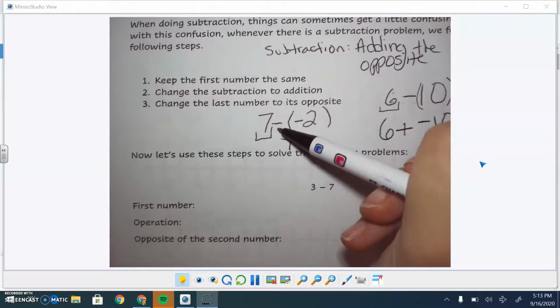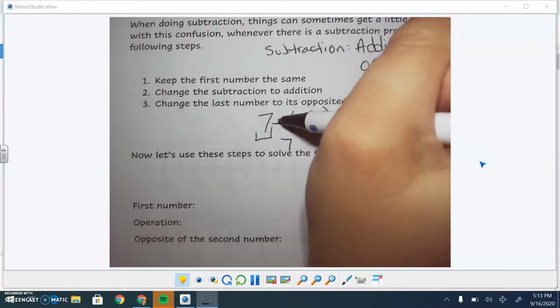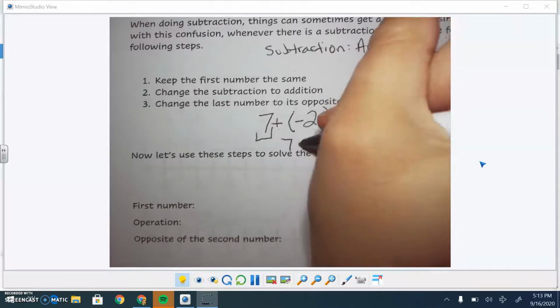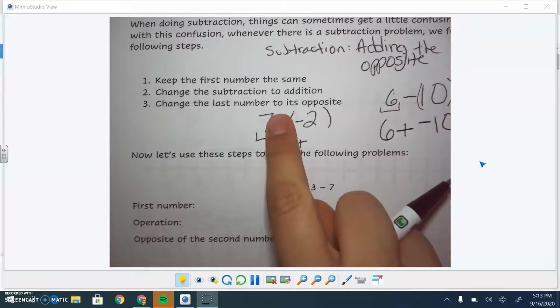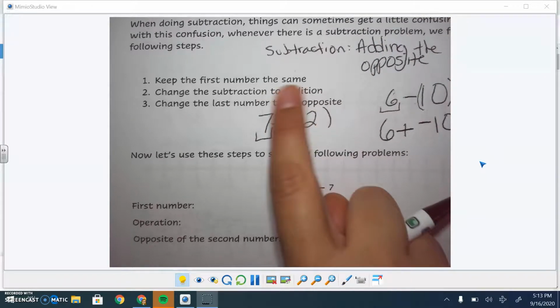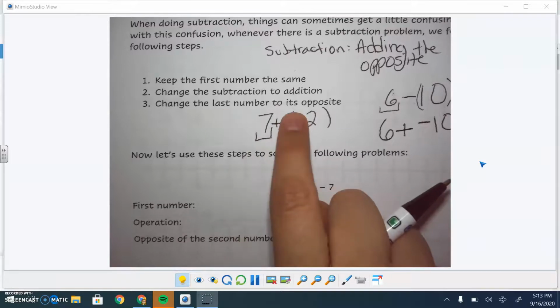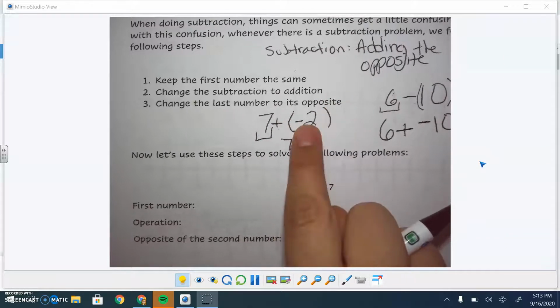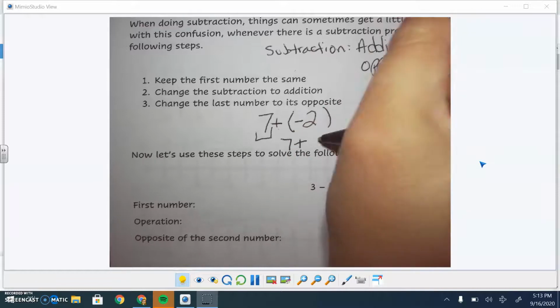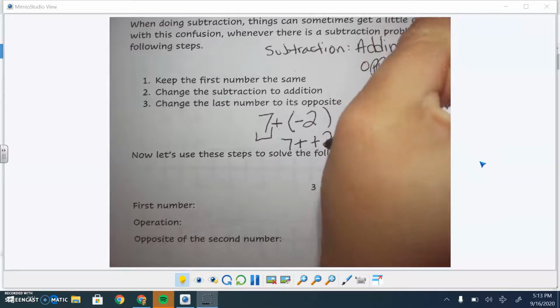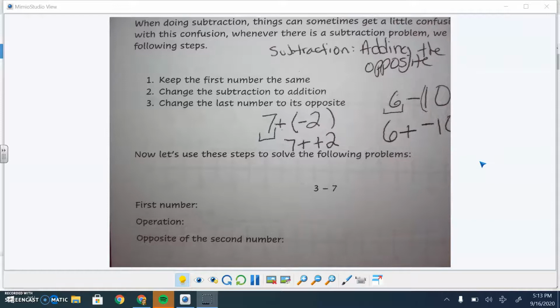And then from here, instead of subtraction, I'm going to add. And we're going to make sure that we're adding the opposite. So we're changing the subtraction to addition, and then changing the last number so that it is its opposite. Since this was negative 2, I'm going to change it to positive 2.